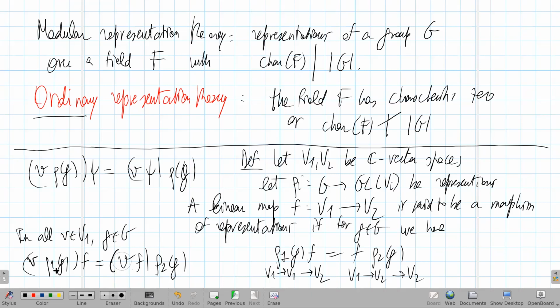So you see, rho 1 of g comes out of f, except that it becomes rho 2 once it comes out. It's a linear map, so you can pull out scalars, for instance. If you have a lambda here, a complex number, it comes out. But also these matrices, these images of rho 1 come out, except that they become rho 2 on the right. And the map C in Maschke's theorem was an example of such a map.